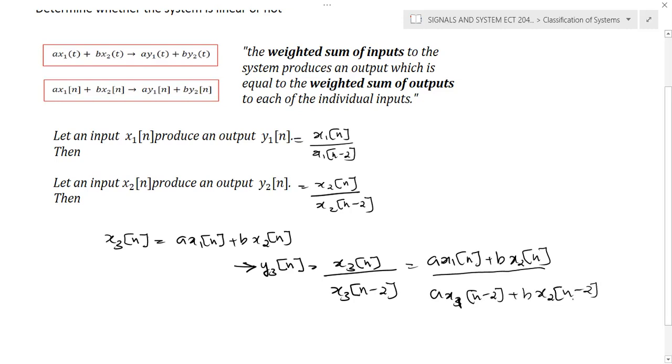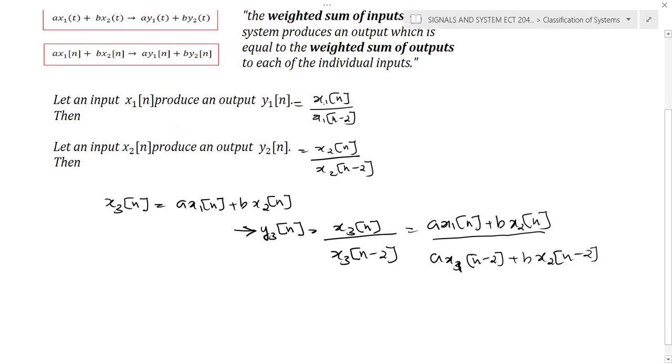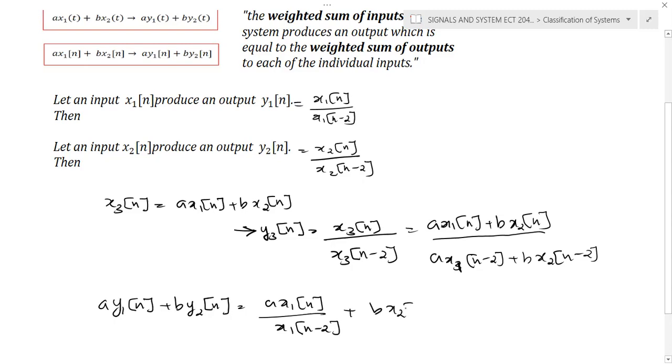But if you write the output as a linear combination, that is a y1 of n plus b y2 of n, it will be like this: a into x1 of n by x1 of n minus 2 plus b into x2 of n divided by x2 of n minus 2.